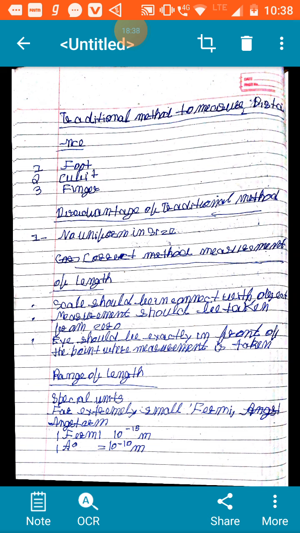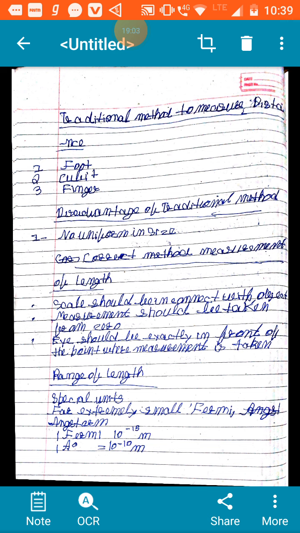For correct measurement of length, the scale should be in contact with the object, measurement should be taken from zero, and the eye should be exactly in front of the point where measurement is taken.